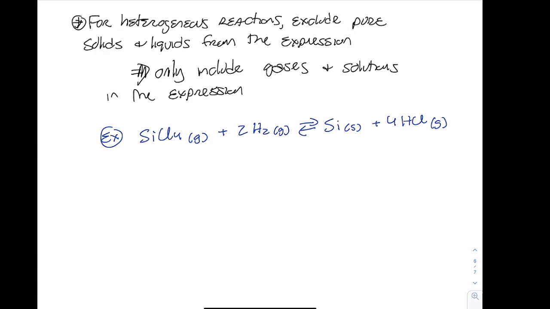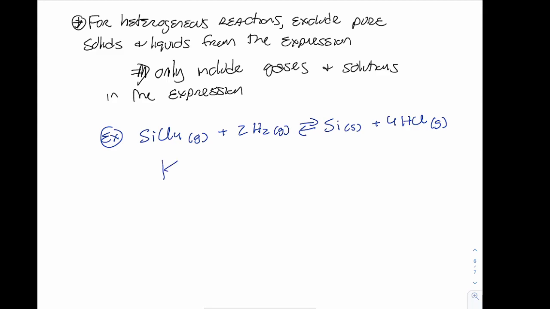And we're going to write our expression for this. So again, we're only going to include gases and solutions; we're going to not include solids and liquids. So when I write the expression, we're going to omit silicon, because it's a solid.